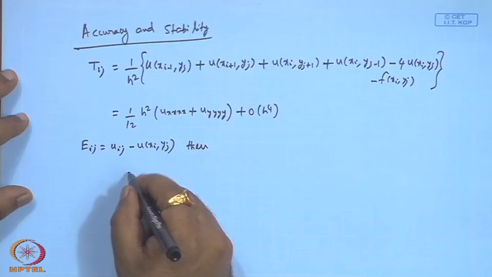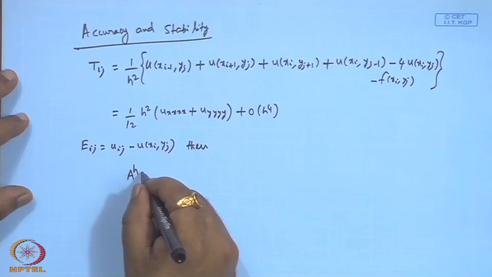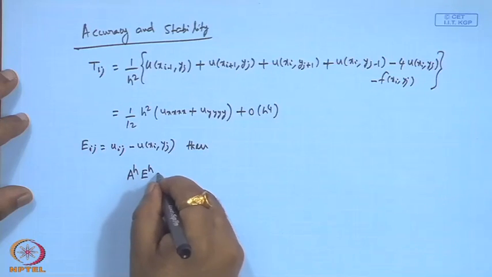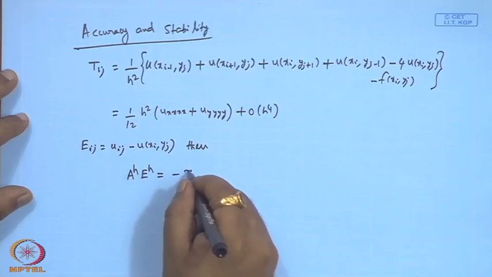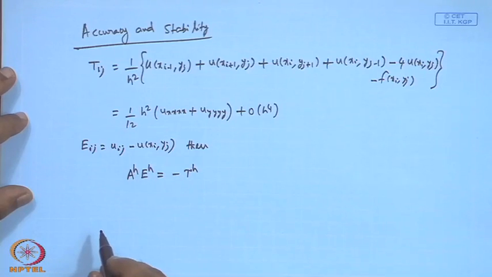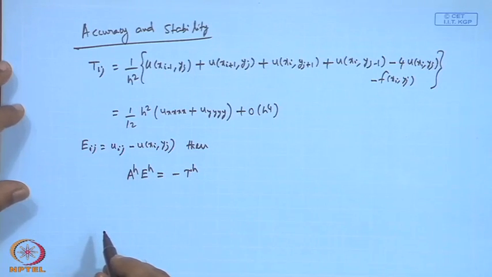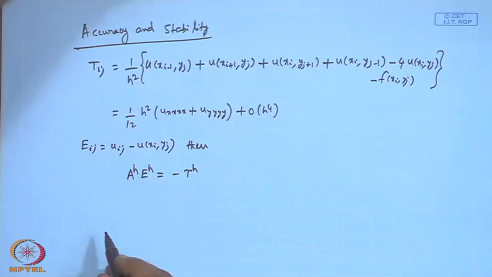The error satisfies A_h e_h equals to this, for a particular step size, where A has a specific structure.